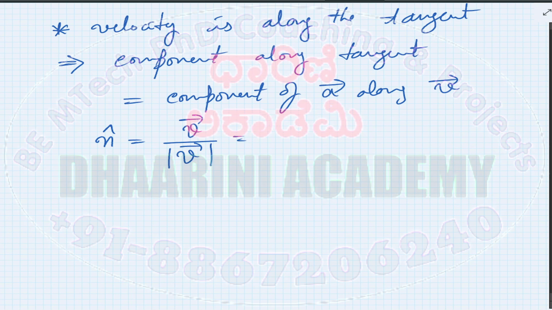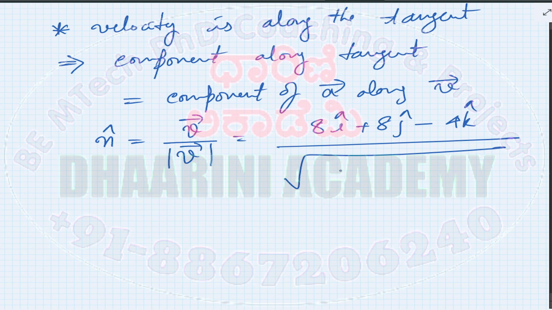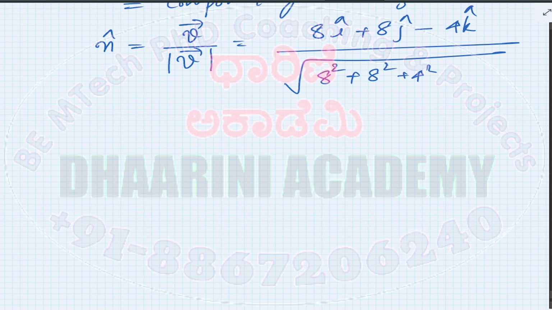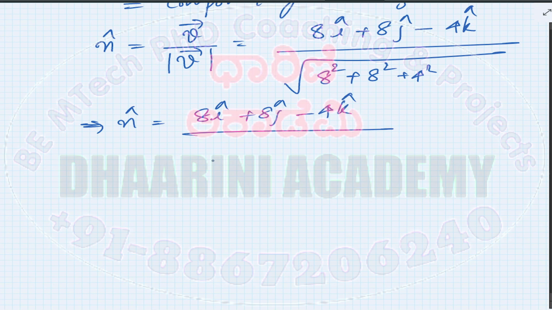So what is vector v? Let's write the vector v now. Just now we have written this is 8i plus 8j minus 4k, whole divided by the square root of 8 squared plus 8 squared plus 4 squared. So this implies n cap is equal to 8i plus 8j minus 4k divided by root of 64 plus 64 plus 16.